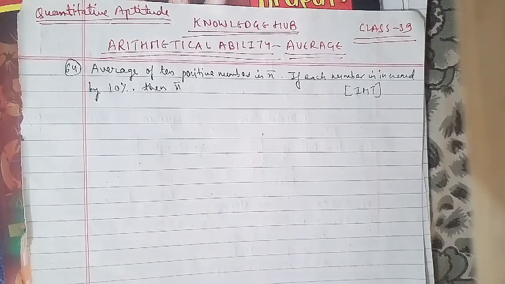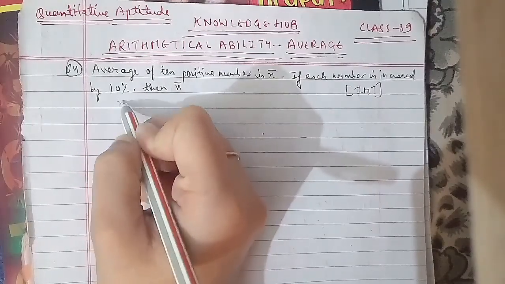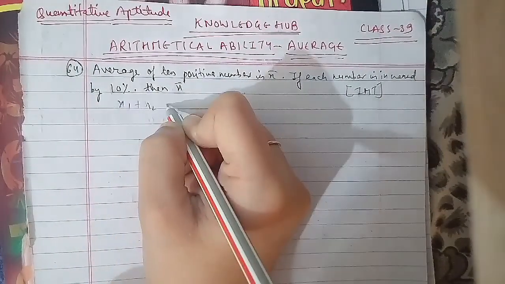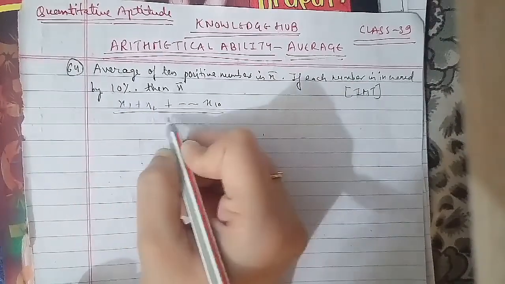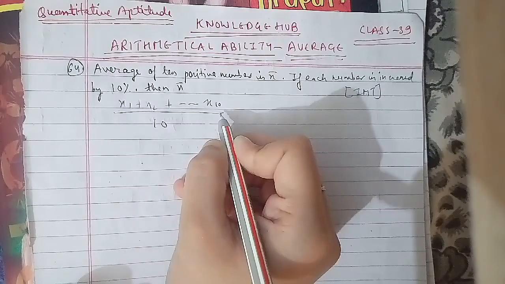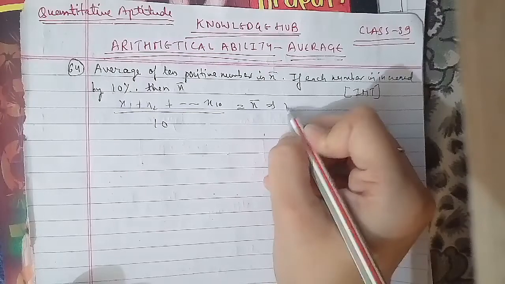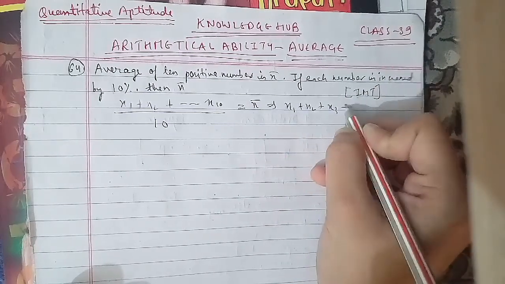So we'll go ahead for the solution, which is as follows: x1 plus x2 plus till x10, upon the total number we have, which is 10, equals x bar. Then x1 plus x2 plus x3 plus till x10 equals 10 x bar. This 10 will go here to the right side.